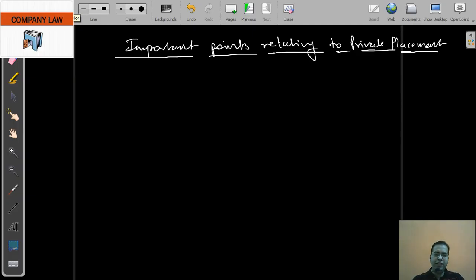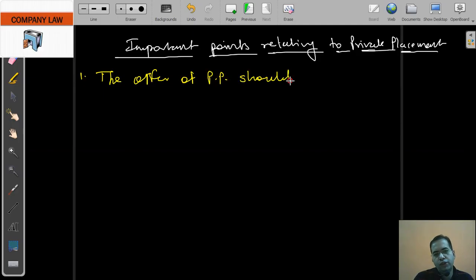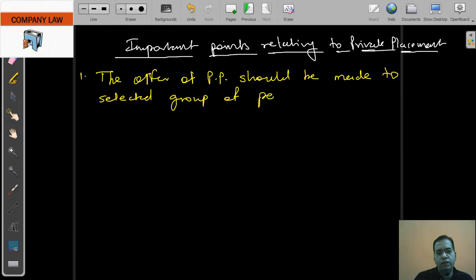As we have studied, private placement is a kind of offer of securities which should be made to a select group of persons. So the first point is, the offer of private placement should be made to a selected group of persons.